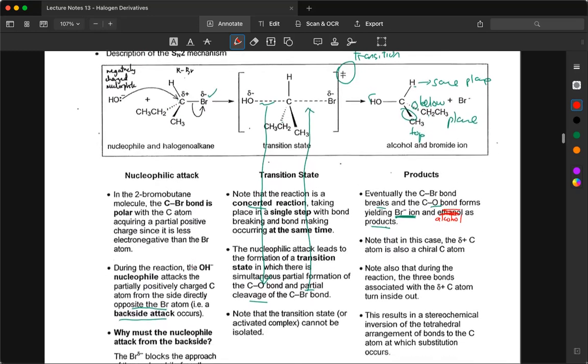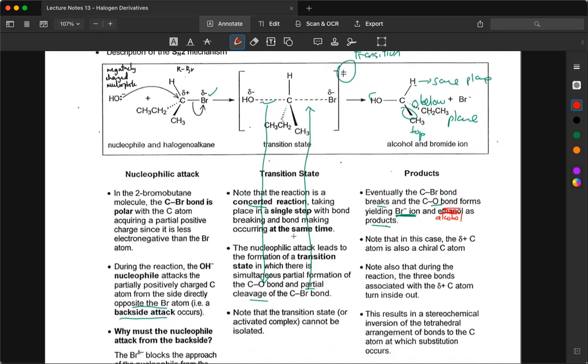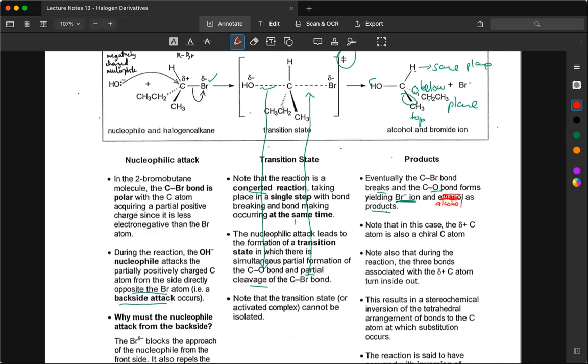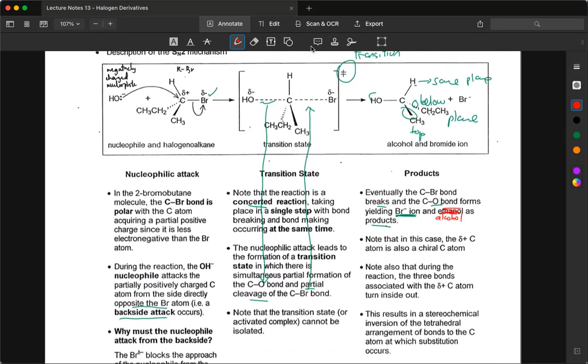In the transition state, the reaction is a concerted reaction taking place in a single step, with both bond breaking and bond making occurring simultaneously. The nucleophilic attack leads to the formation of a transition state where there is a simultaneous partial formation of the C-O bond and the partial cleavage of the C-Br bond.